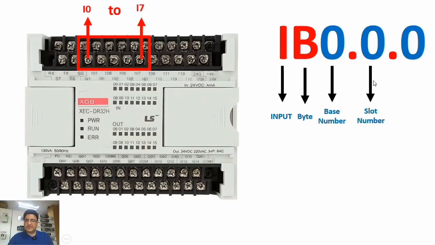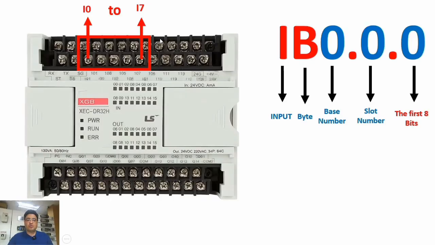The second 0 is the slot number, and finally this last 0 you see here refers to our first byte. Let me just mention that the PLC we're using here is an XC-DR32H. This PLC has 16 inputs and 16 outputs. That means we can divide its inputs into 2 bytes. So when we set the last number here to 0, it refers to our first byte.